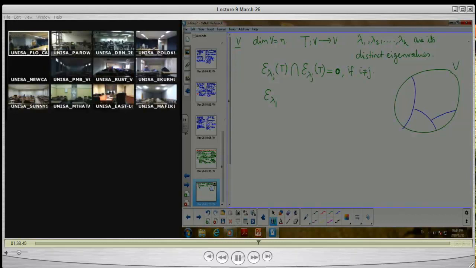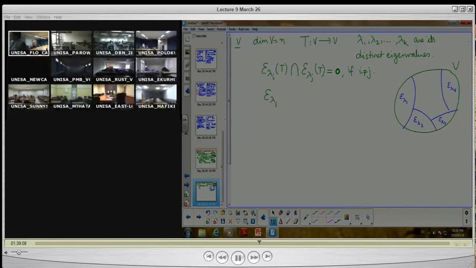So this is possibly, if k is 4, it's something like this. What about the rest? Okay? So this is what we are getting, right? So that's what I'm trying to say.